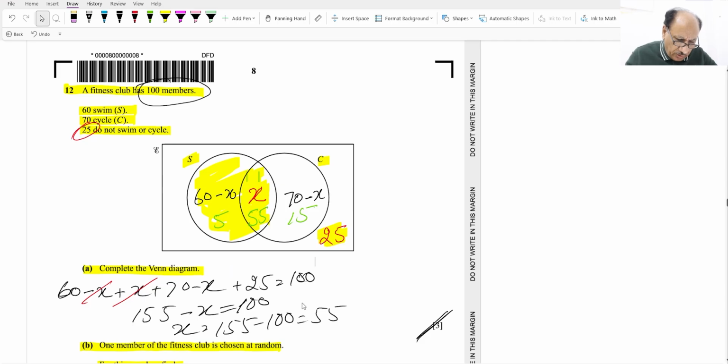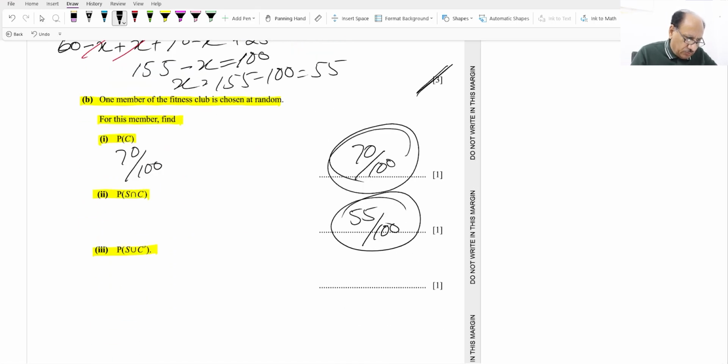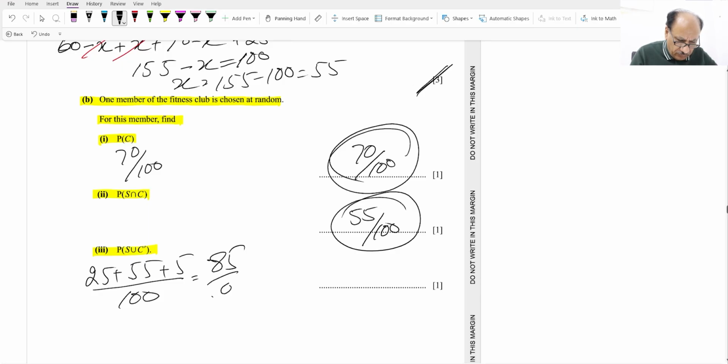So we need to add 25, 55 and 5, out of 100. So 60 and 70, that is 85. So 85 over 100 will be our answer. This is again a 1 mark question, which is done.